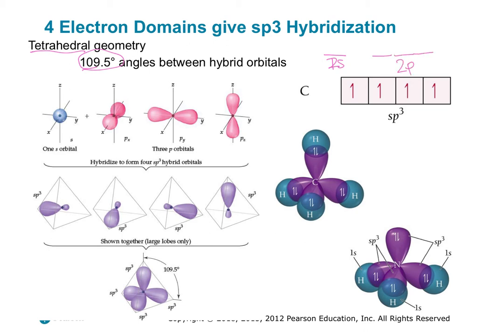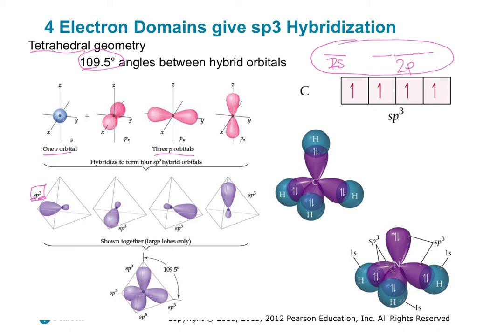To get our 4 orbitals or 4 electron domains, we take all 4 of these atomic orbitals and we mix them together. So we take an s orbital and our 3 p orbitals and put them all together, and then we get what are called sp3 orbitals out. And there's 4 of them, 1 s and then 3 p's.